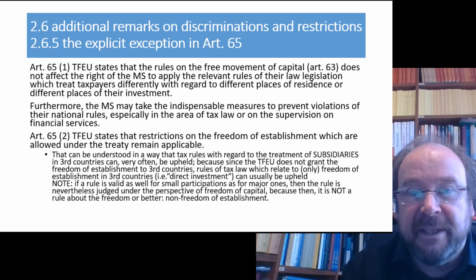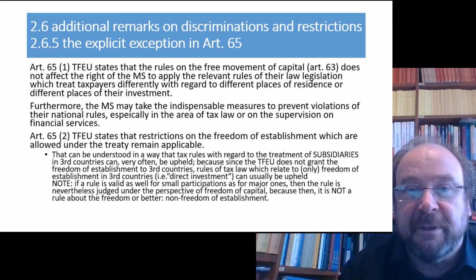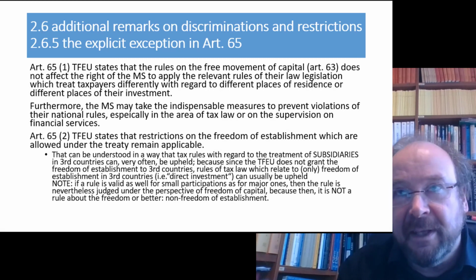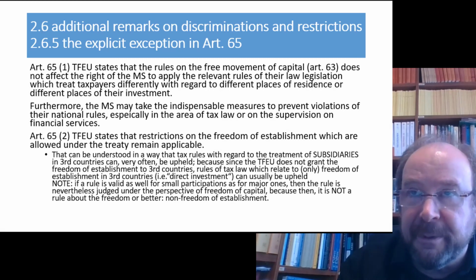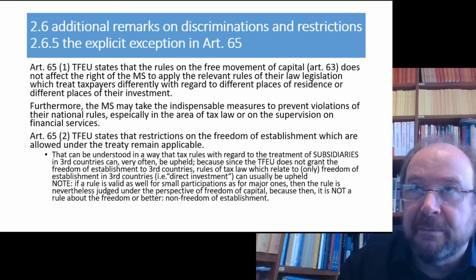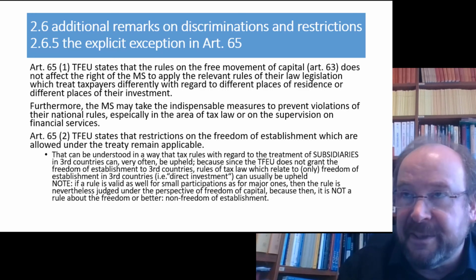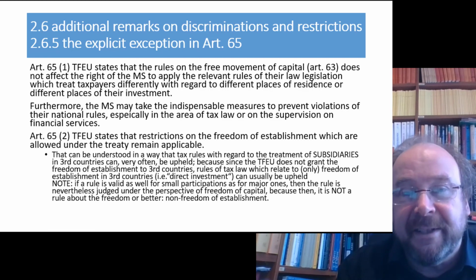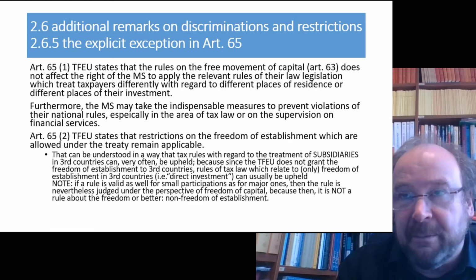That makes, by the way, it interesting how the line must be drawn between freedom of establishment cases and free movement of capital cases. The European Court of Justice usually says it counts what is more in the focus of the rule. If a rule, for example, only applies to 10% participations, 20% participations, or majority participations, it's clearly referring to freedom of establishment.